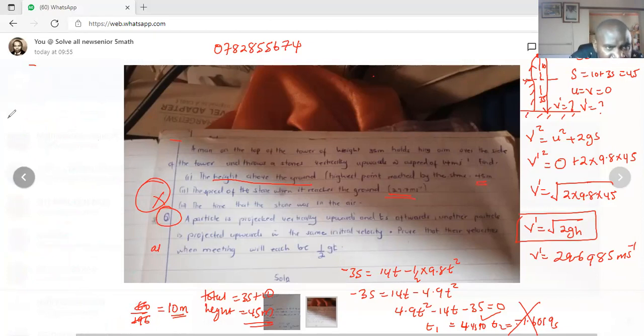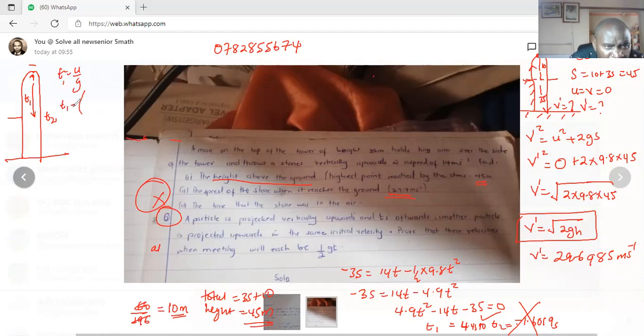Now, if this is the same stone, the time it takes to reach maximum height, the first time, call it T1. Okay? Then from maximum height to down, call it T2. Let us prove and see whether it's the same. Remember, maximum height is got from U over G. Do you remember?